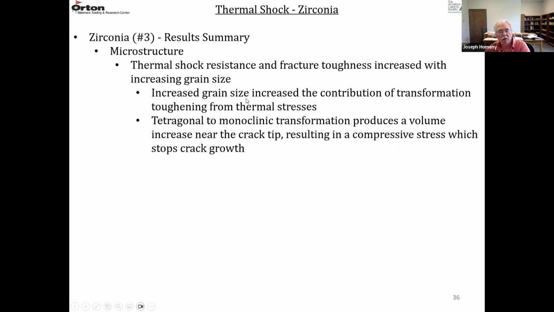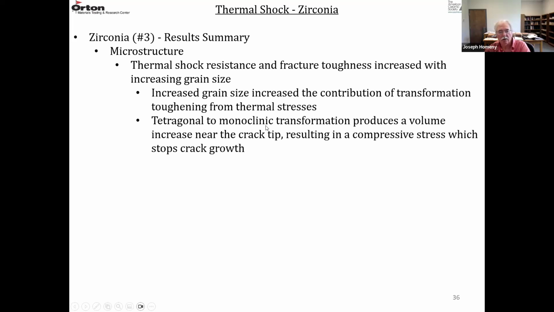The increased grain size increased the contribution of transformation toughening from the thermal stresses. So the larger particles of tetragonal zirconia, it was easier for them to transform under the thermal stresses.